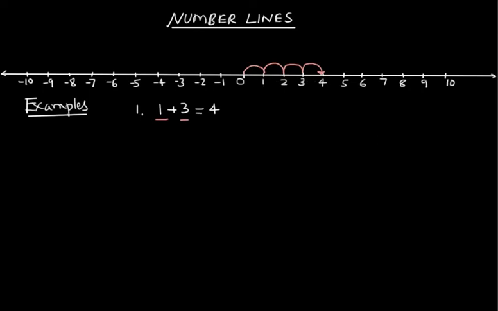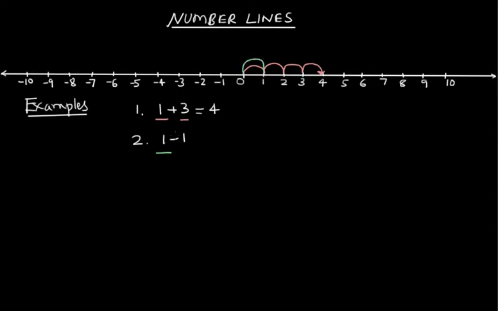Let's take another example. Example number 2: 1 minus 1. What is going to be the value of 1 minus 1? Let's take a green pencil. Again, to mark 1, since it's +1, we go to the right hand side and we stop here.